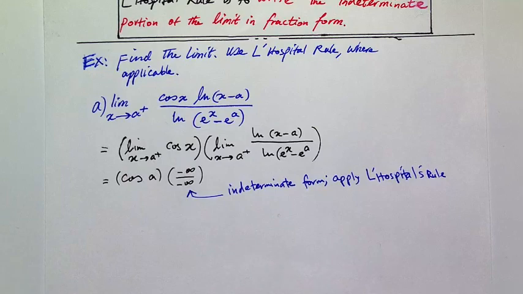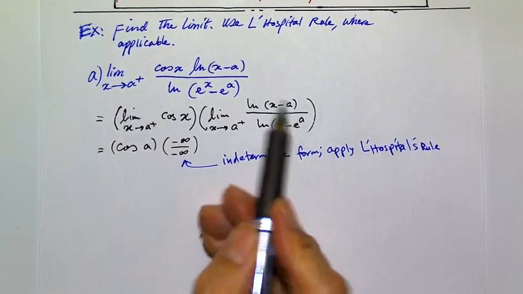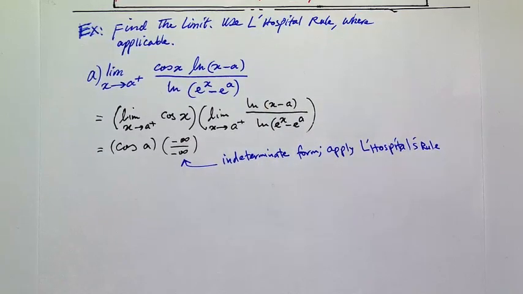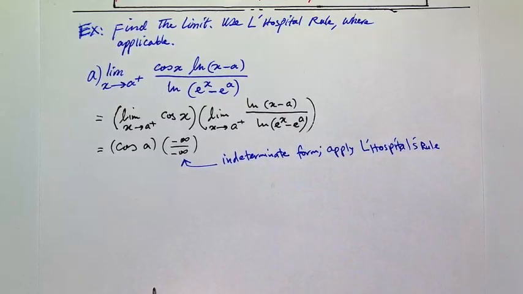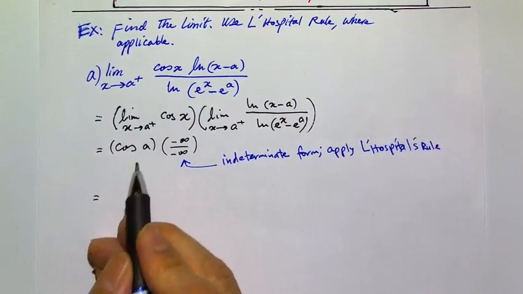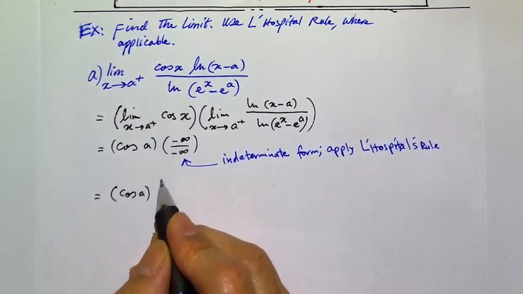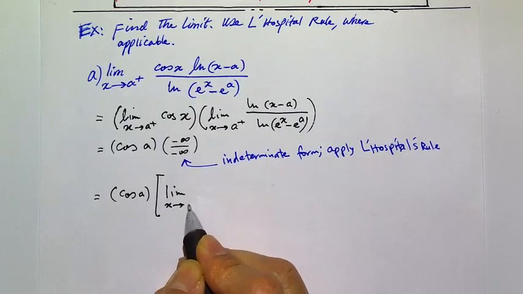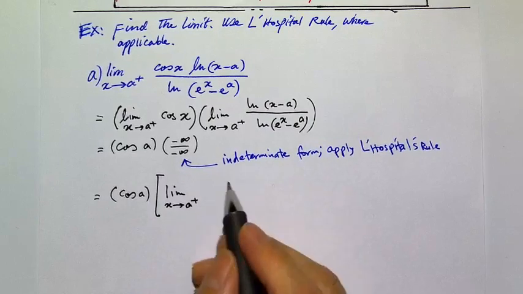Okay. So by the L'Hopital rule, we have to take the derivative of the numerator and then the derivative of the denominator. Let me put the parentheses here. All right. So we have this first piece, it's okay. We keep it at that. Times the limit as x goes to a from the right-hand side.